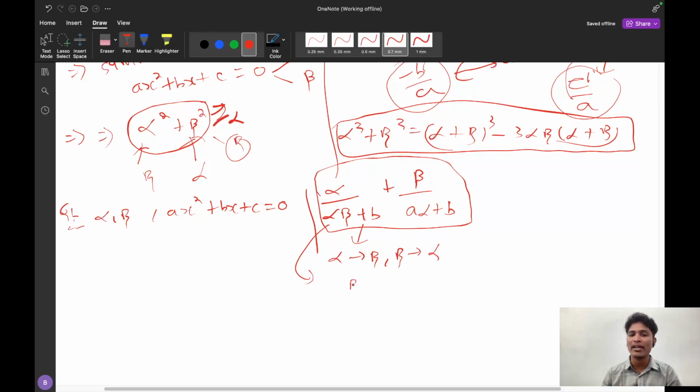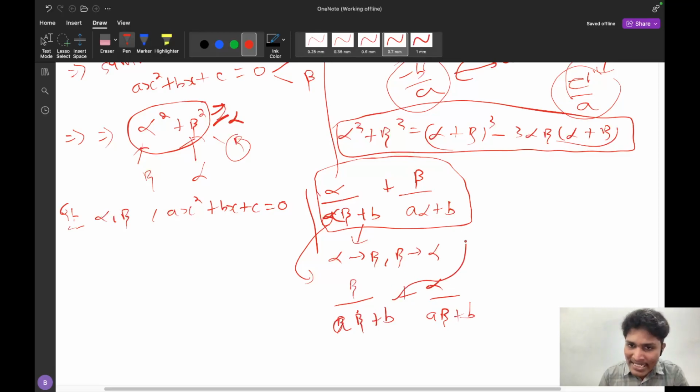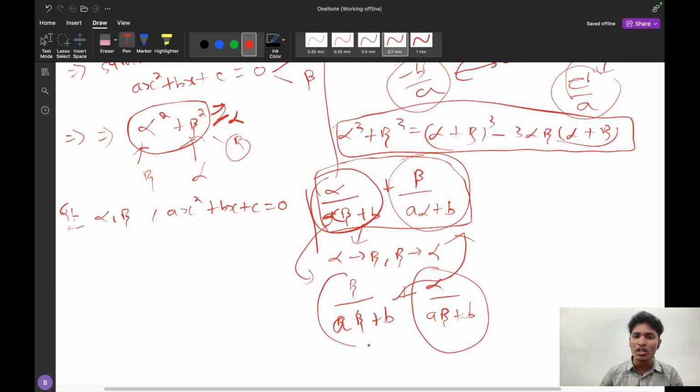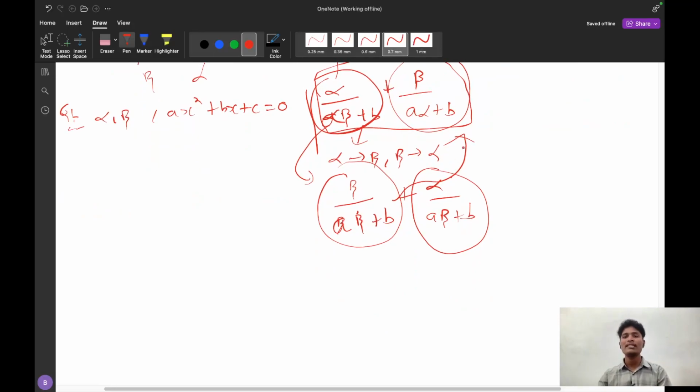If I substitute beta, it is beta divided by a beta plus b, and alpha divided by a beta plus b. Yes, and this is the same expression. This first expression is now the second expression, and the second is now the first. So there is no change. So this is symmetric.